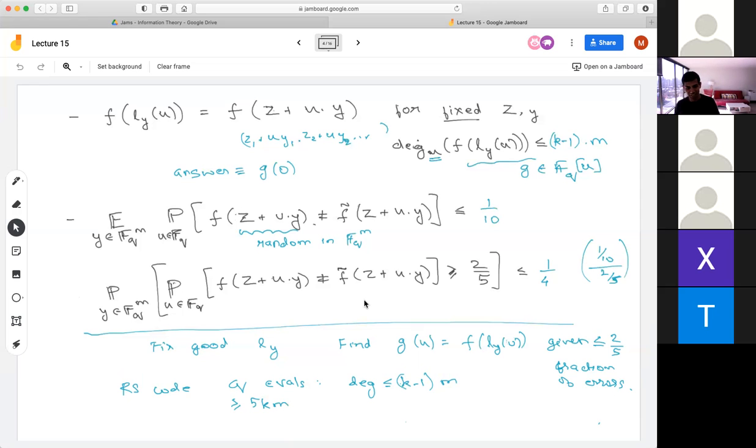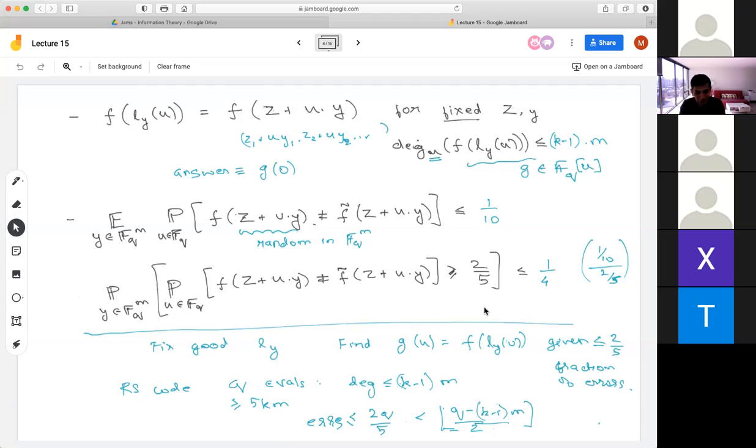So you can check that the amount of errors we can handle, the number of errors, is less than the threshold at which we can do unique decoding.